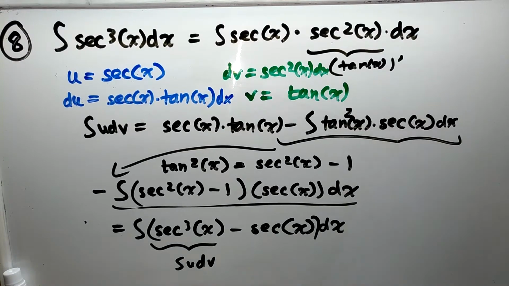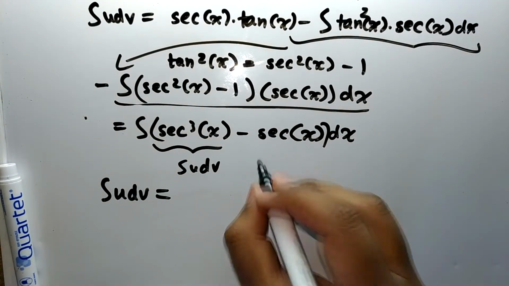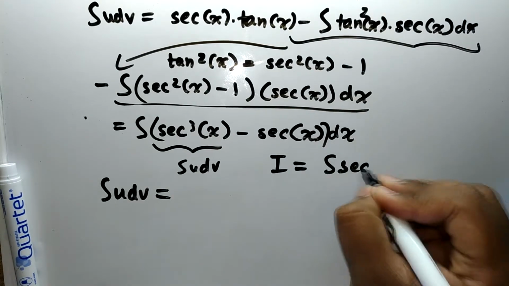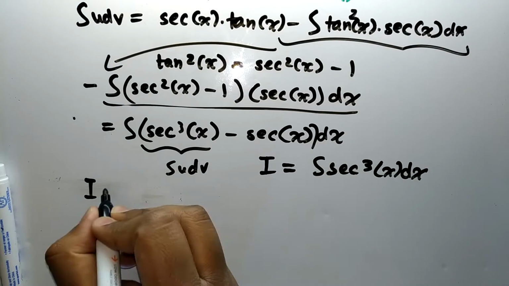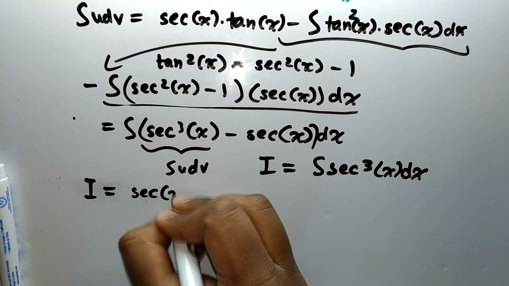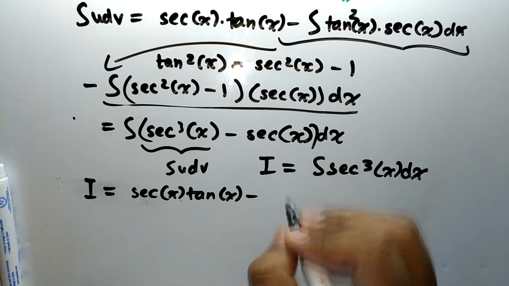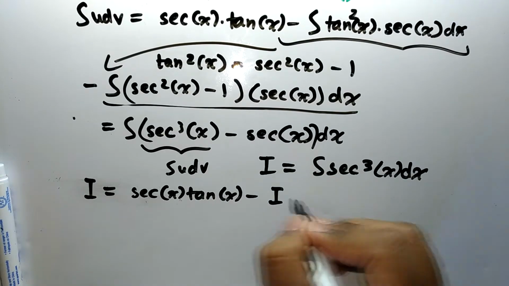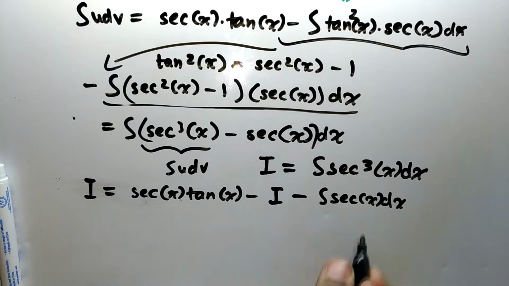So we can do a similar sort of trick to what we did before. We can let some variable, I, equal the integral of secant cubed x, and then we can let I equal what we're trying to find. So it's just going to be secant x tan x minus, so I minus the integral of secant x dx.